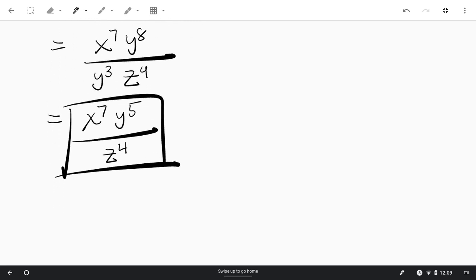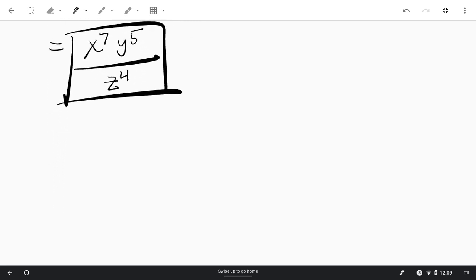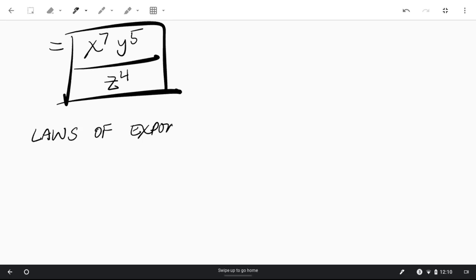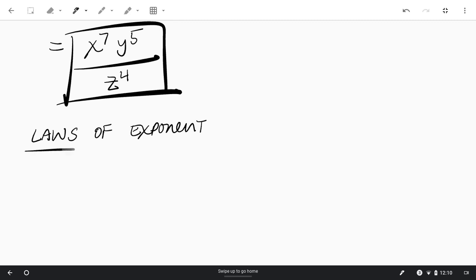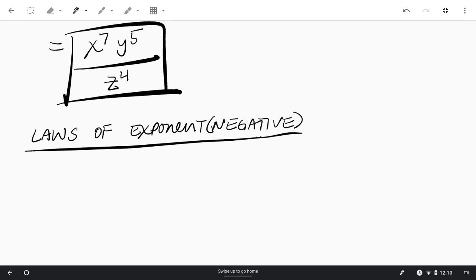Okay, so let's take a look at laws of exponents if you have negatives.